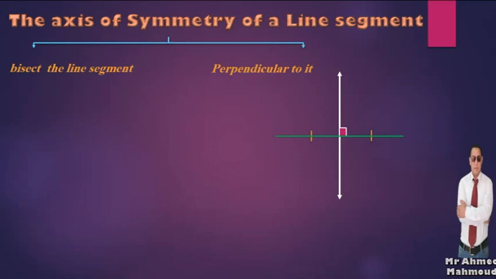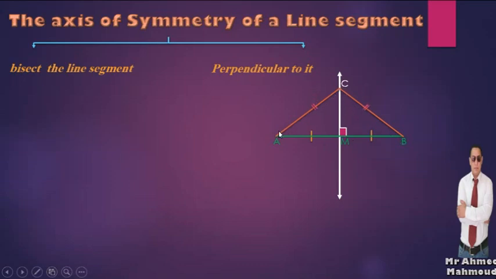Now if we have the line segment with points A here and B here, and in the middle the point M, that means the point M, which belongs to the axis of symmetry, lies at the same distance from A and B, or MA equals MB. If we have another point C and we draw CB and CA, we get that CB and CA are equal.